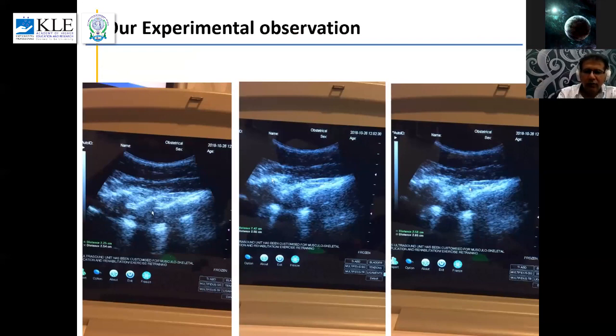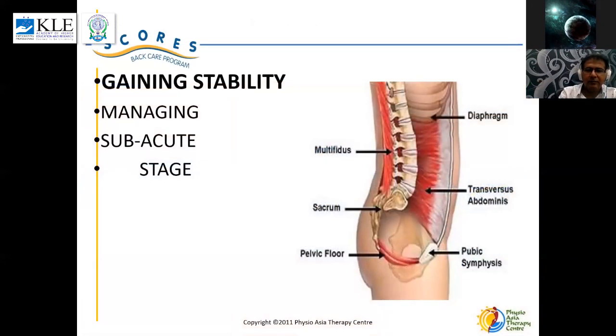So we found that you require much less amount of force while you're using prone flexion, especially in the lower lumbar regions.